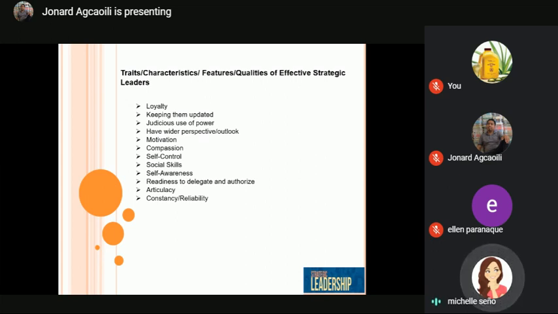Readiness to delegate and authorize. Effective leaders are proficient at delegation. They are well aware of the fact that delegation will avoid overload of responsibilities on the leaders. They also recognize the fact that authorizing the subordinates to make decisions will motivate them a lot. So, ang leader, hindi lang po dapat lahat sa kanya.